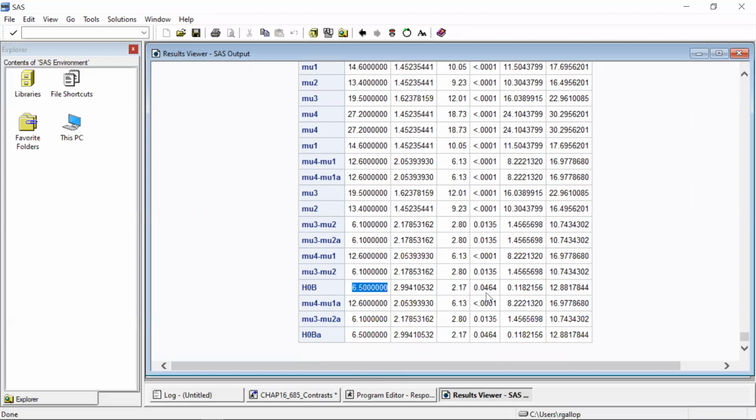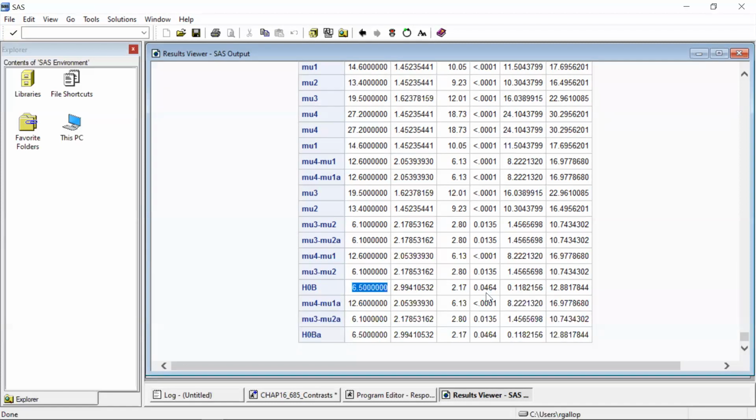So based on the available data, we have sufficient evidence in our data to indicate a significant on average difference between the difference in cases sold between design 4 and design 1, which was a 12.6 difference, compared to the difference between design 3 and design 2, a 6.1 difference, and that difference of differences corresponds to the difference between design 4 and design 1 being 6.5 cases more compared to the difference between design 3 and design 2.